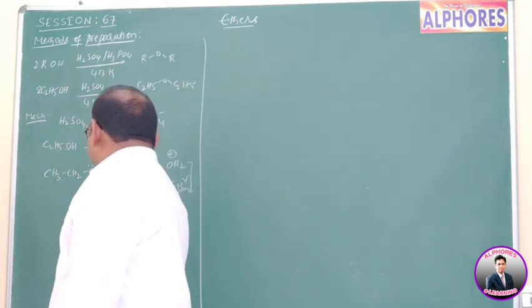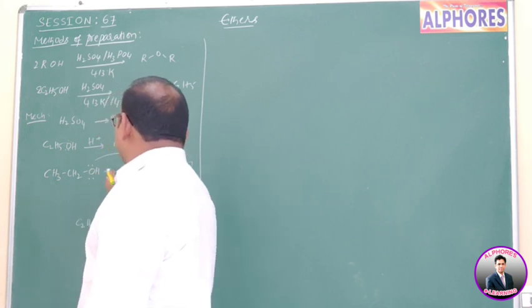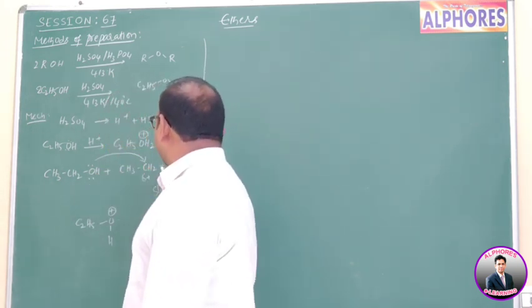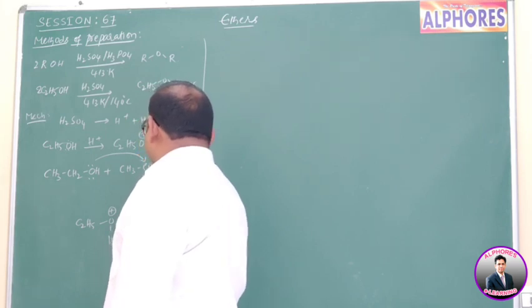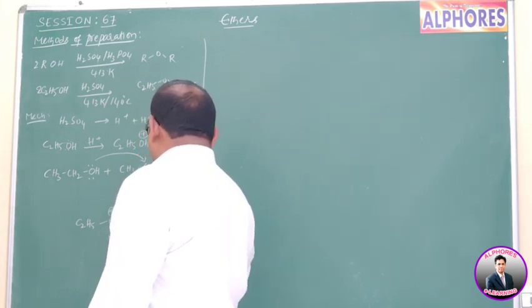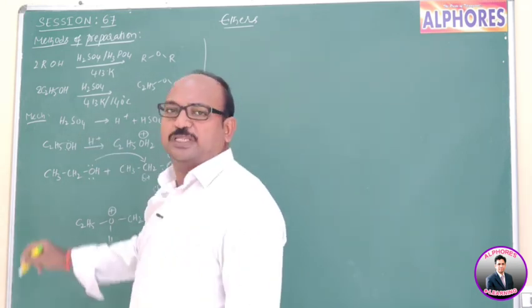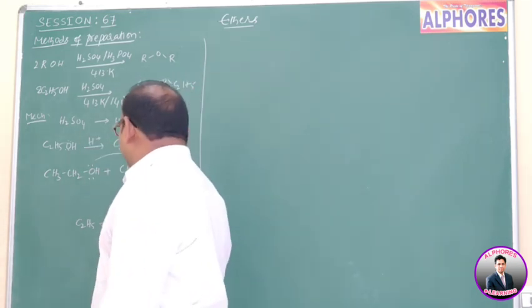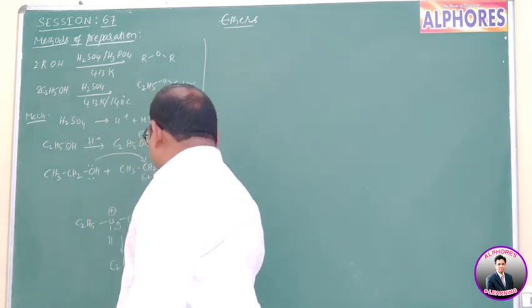Then we are getting C2H5OH plus. Now this oxygen donates its electron pair to this carbon and this group leaves away, as CH2CH3 plus H2O. Later deprotonation takes place, the H plus involved in the first step comes out. Then we are getting C2H5OC2H5.